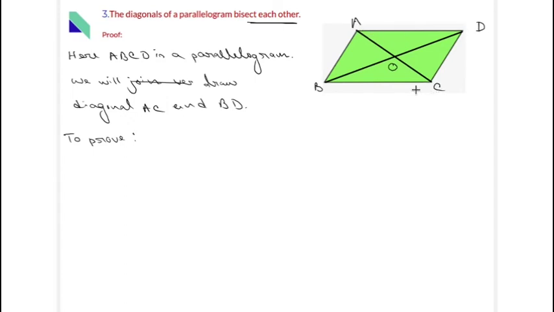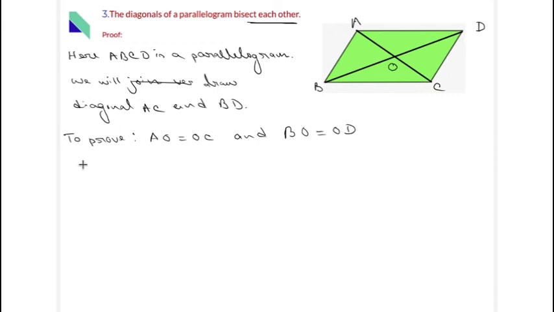Okay, that means we have to prove that AO is equal to OC. And if AC has bisected BD, that means AC has divided BD into 2 equal parts. That means BO is equal to OD.